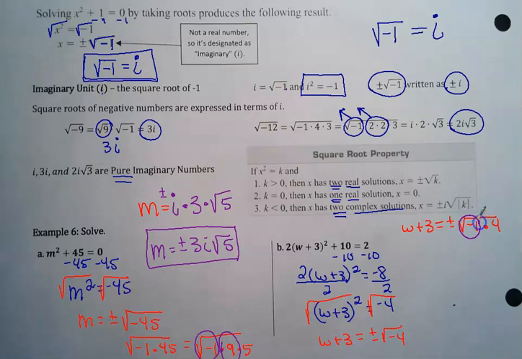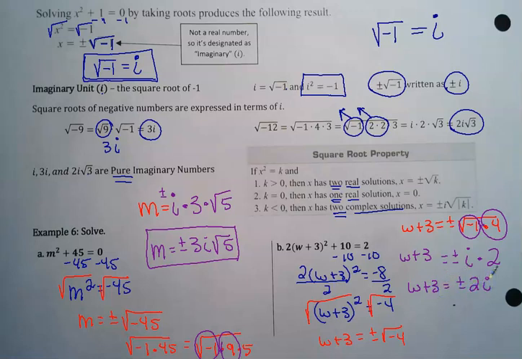The square root of -1 can be replaced with i. The square root of 4 is a 2. So now I have w plus 3 equals plus or minus i times 2. Which, remember, I'm going to change to be plus or minus 2i.